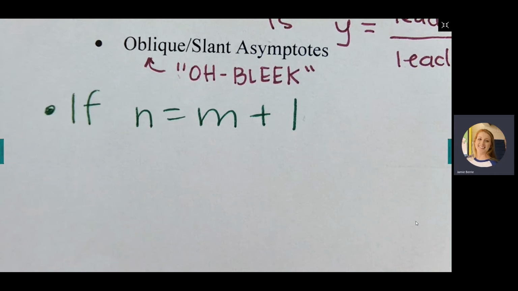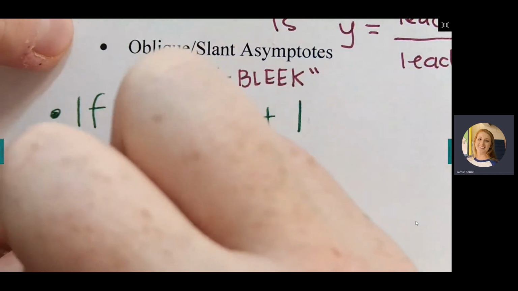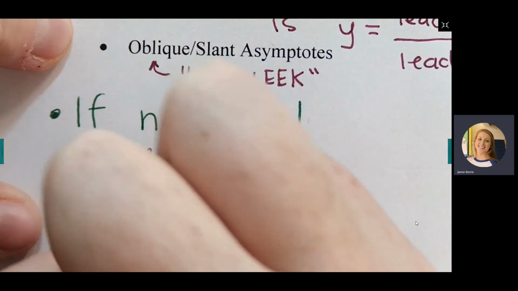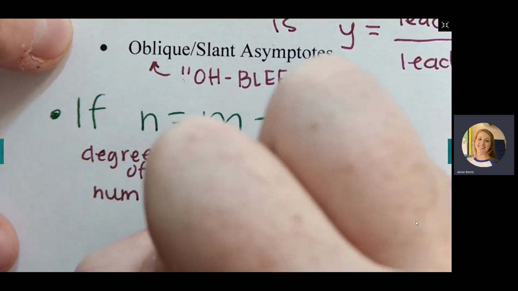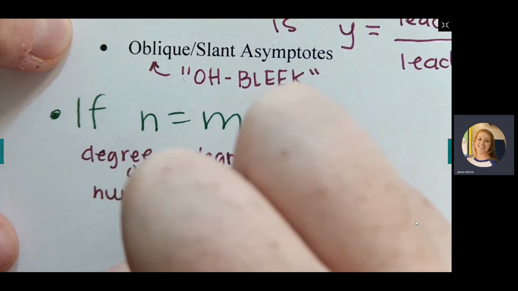All right, so oblique asymptotes, this is the case that you would look for. An oblique asymptote is if the degree of your numerator is equal to the degree of the denominator plus 1.